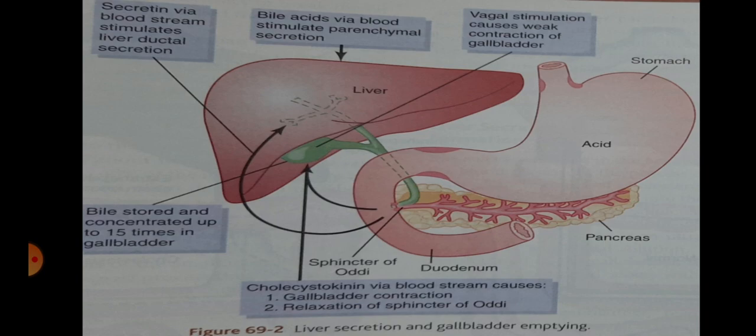You can see in this picture the stomach structure, liver structure, duodenum structure, and pancreas structure, and the acid, that is hydrochloric acid in the stomach, right? When it goes through the bile ducts, a second portion of the liver secretion is added to the initial bile in response to secretin, which is a local hormone.